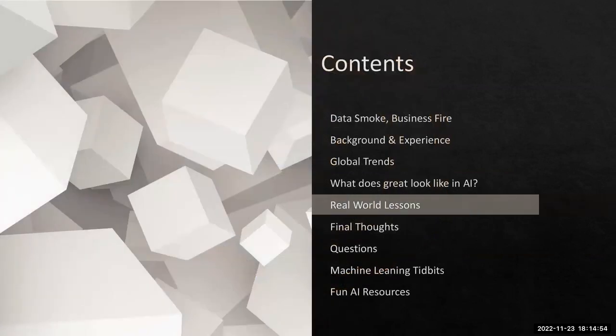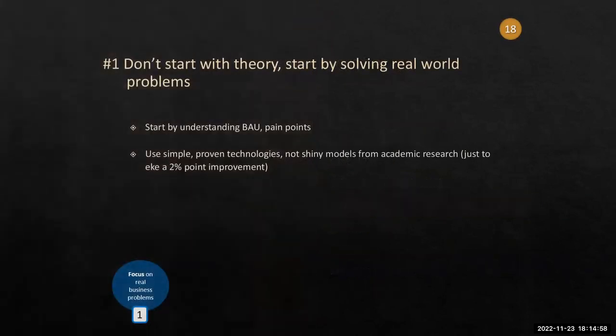So real world lessons, let's get on to the next slide. Lesson number 1: because AI is a new area, a lot of people just read books and then try to implement what the book says. But start by understanding the problem, not the theory. The theory comes later, to fit the solution to the problem. Start by understanding BAU, which means business as usual.